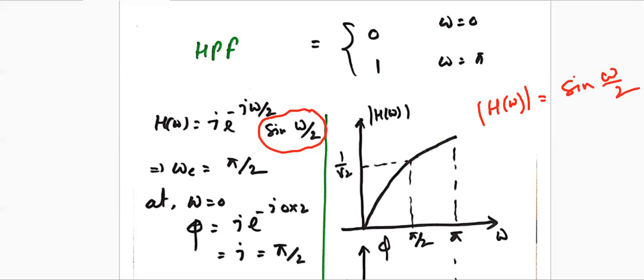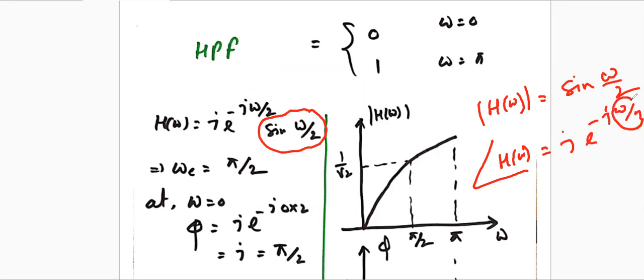It depends on this. If I talk about the phase of H omega, it now depends on two factors. That means we have a theta value, that means we have j, as well as e to the power minus j omega divided by 2.